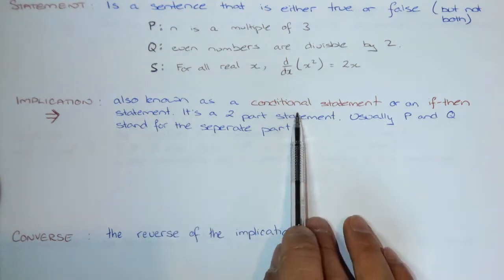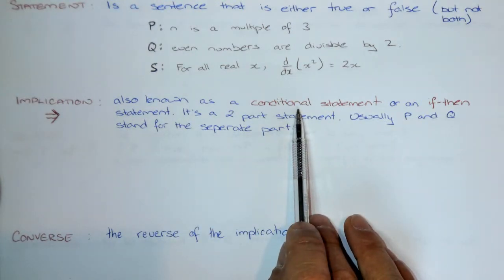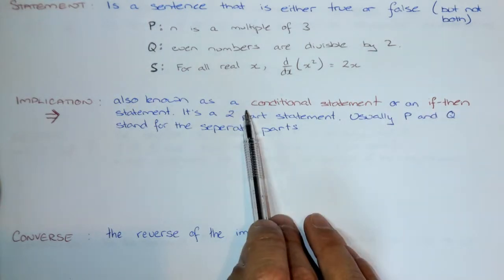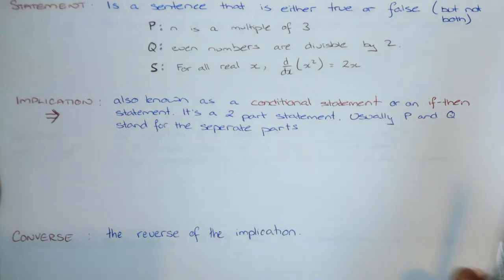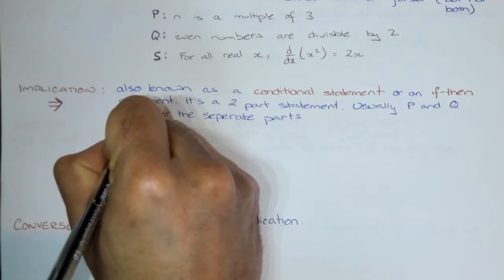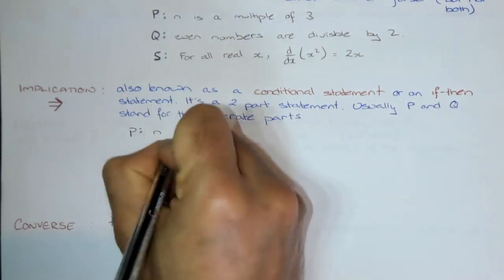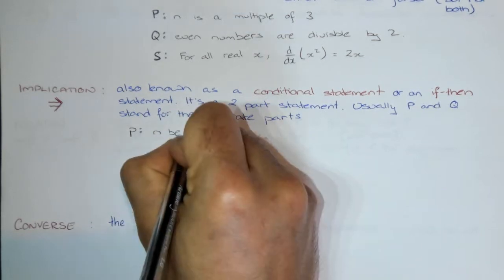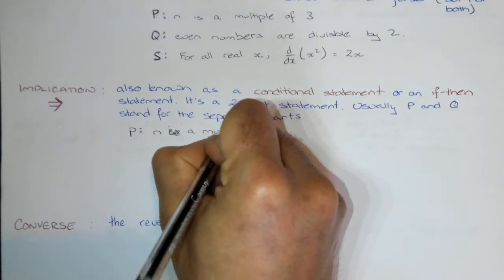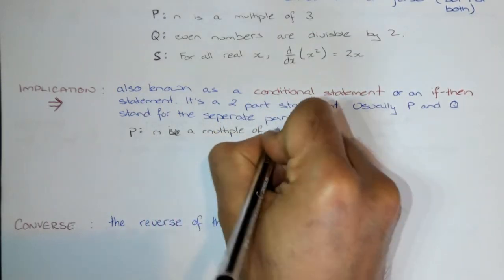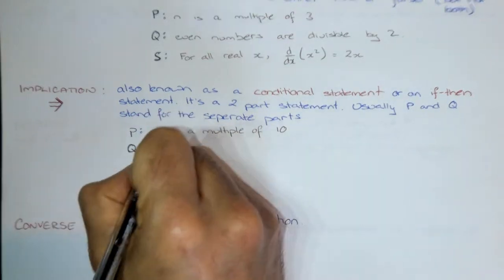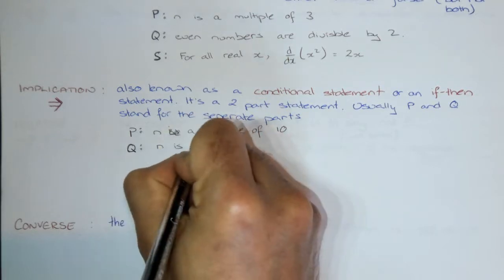An implication is also known as a conditional statement or an if-then statement. It's basically a two-part statement. Usually P and Q stand for separate parts. For example, I'll make a statement P: let n be a multiple of 10. And let my other statement Q: n is an even number.